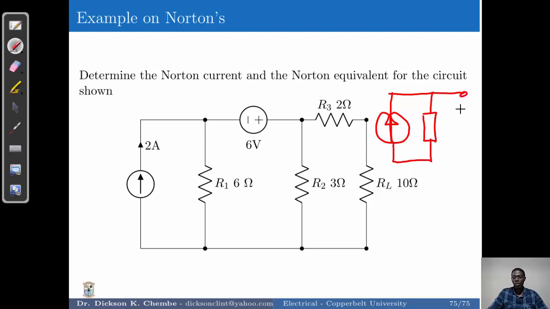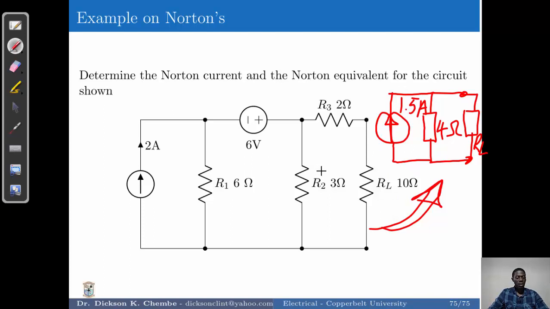Then we can connect the load resistor here, and what we have found is this is 4 ohms, this is 1.5 amps, and this is our load resistor. This is the equivalent circuit from this large circuit to the Norton equivalent circuit. Basically, that is how you handle these circuits, and they're pretty easy.